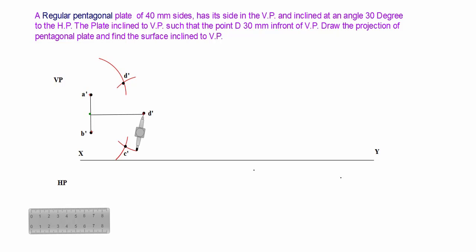So you can join your B dash C dash, then C dash D dash, and D dash E dash, and E dash A dash.